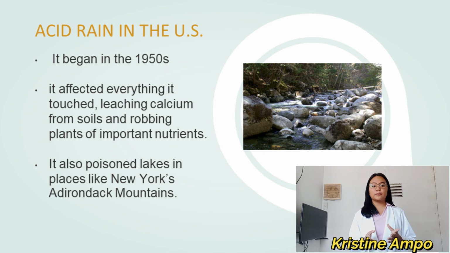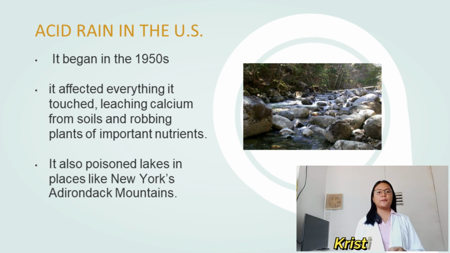New England's sugar maples were among the trees left high and dry. It also poisoned lakes in places like New York's Adirondack Mountains, turning them into a witch's brew of low pH water that killed fish and brought numbers of fish-eating birds like loons to the brink.